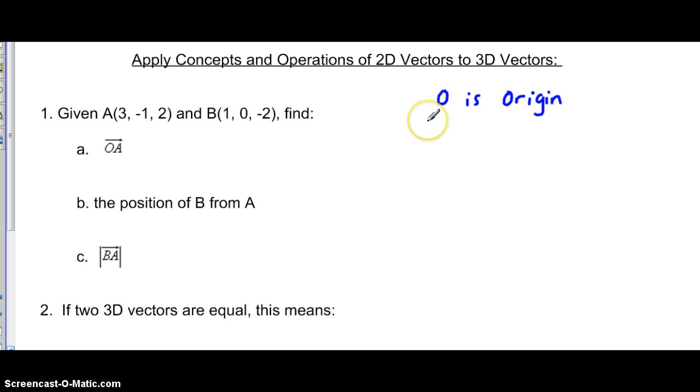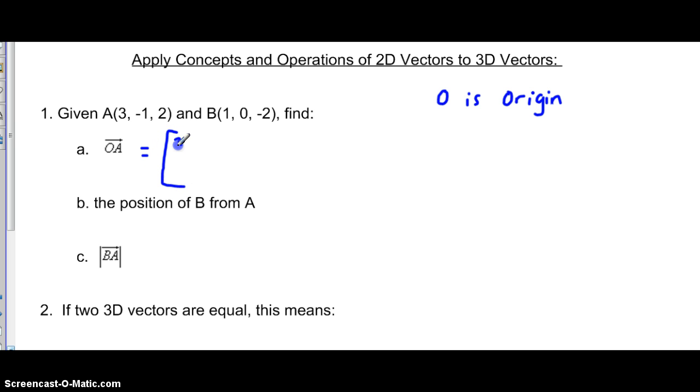And remember, O is our origin whenever you see O. So this vector we'll be finding is from the origin to our point A, and we'll take our A values and subtract our origin, which is 0, 0, 0, to find this. So let's go ahead and do that.